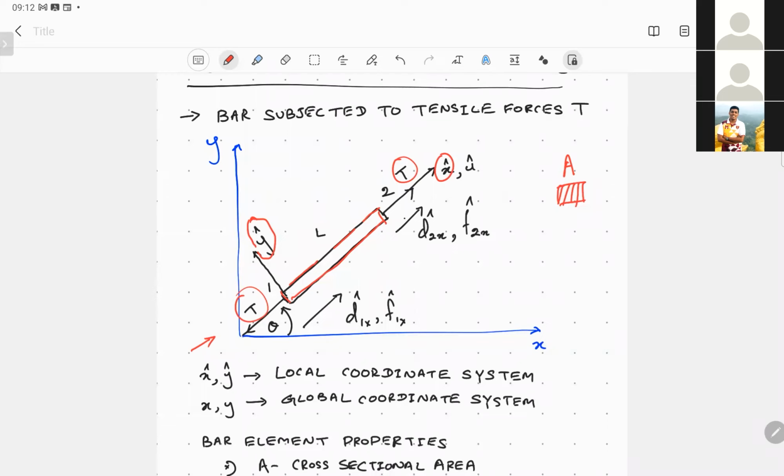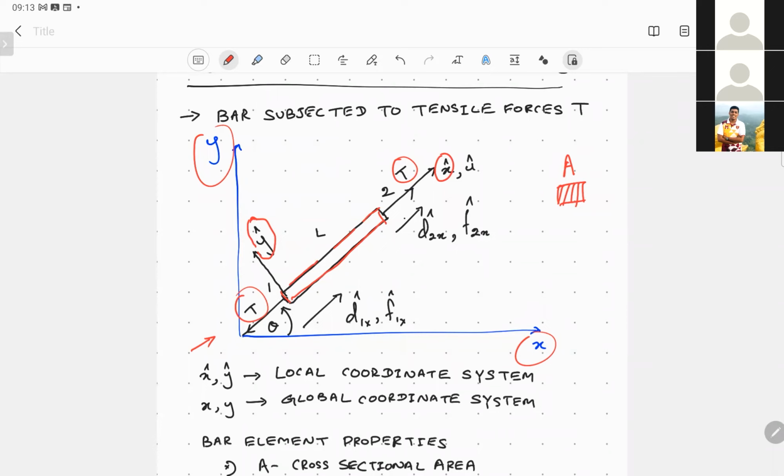And now we define a global coordinate system, which is given by x and y. So you may ask now, why do we need a global coordinate system? Because we are considering one element.